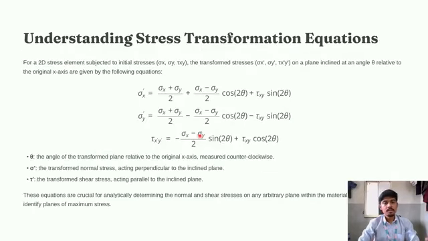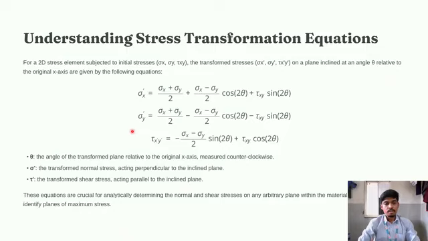Understanding the stress transformation equations. Here, the stress transformation equation is: sigma x dash is equal to (sigma x plus sigma y) divided by 2, plus (sigma x minus sigma y) divided by 2 into cos 2 theta, plus tau xy sin 2 theta.